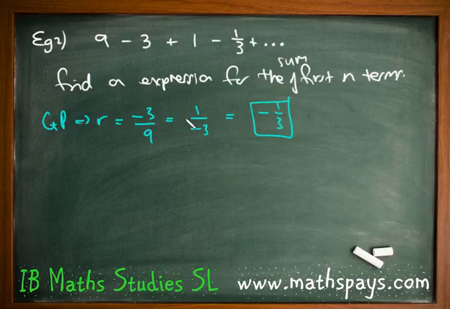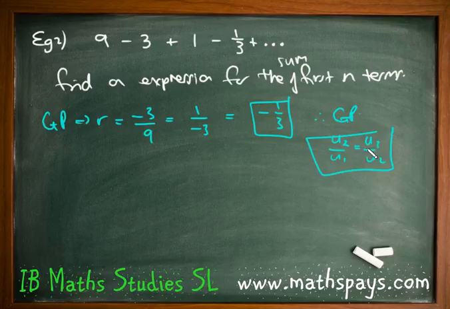We've shown that they're both the same thing. I could do them separately, but I didn't have to do that. I could even choose -1 on 3 on 1, but that's a GP. I've shown basically that our U2 over U1 is equal to U3 over U2. All right. So once again, if we're asked to do that, we can do it.